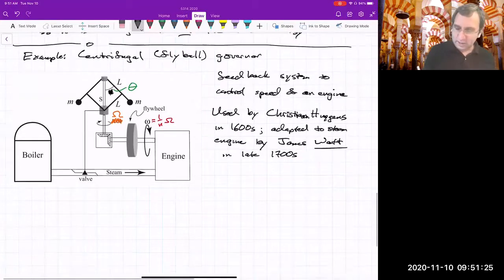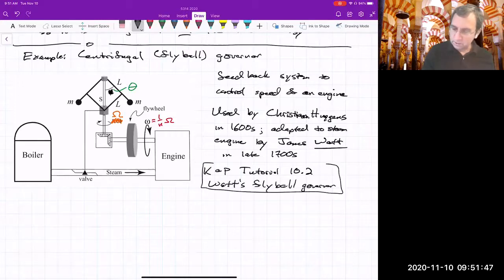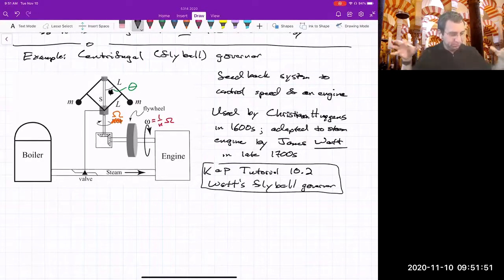In the Kasdan and Paley book, they discuss this in a tutorial. So if you wanted to read about basically what we're doing here, it's in that tutorial. It's called a governor because it governs the speed of the engine.